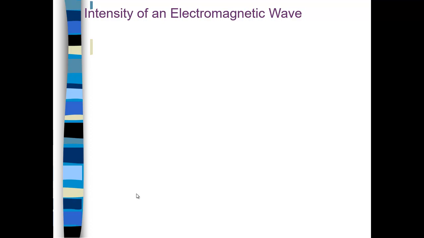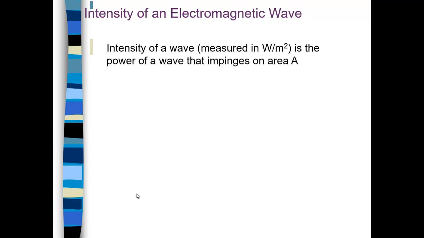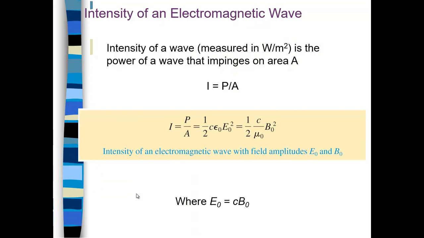Okay. The intensity of an electromagnetic wave is measured in watts per meter squared, and that's the power of the wave that impinges on a surface area A. Okay, so the intensity is just the power divided by the area in which the power is dispersed. Okay, we can also take that a little bit further. So our intensity of our wave is equal to our power divided by area.